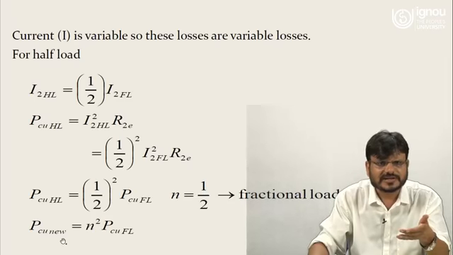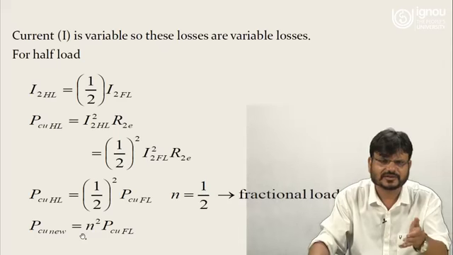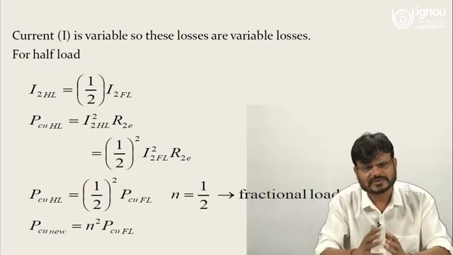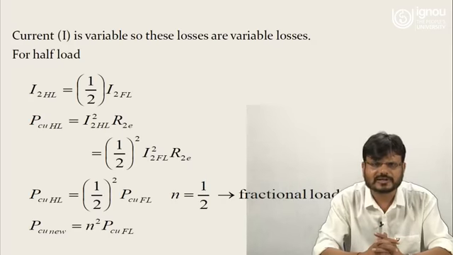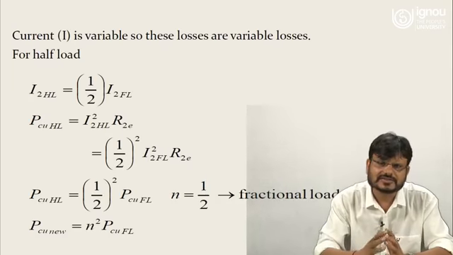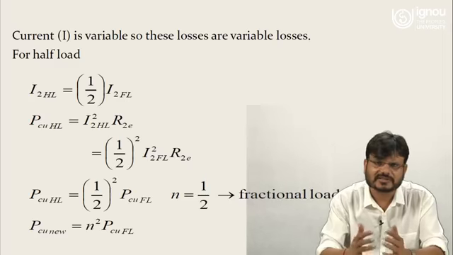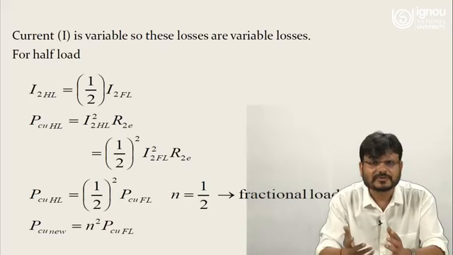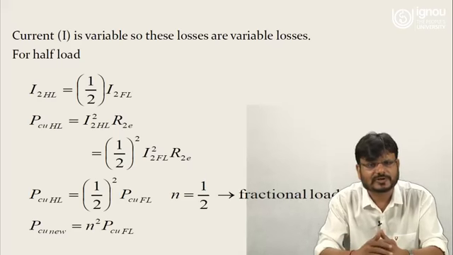The generalized formula is: copper losses at any load is equal to N square multiplied by copper losses at full load, where N is the fractional load. Suppose it is said to calculate the copper losses at half full load, just put N equal to 1 by 2. And suppose it is asked to calculate the copper losses at 3 by 4 load, just put the value 3 by 4. That means 9 by 16 times the full load copper losses.